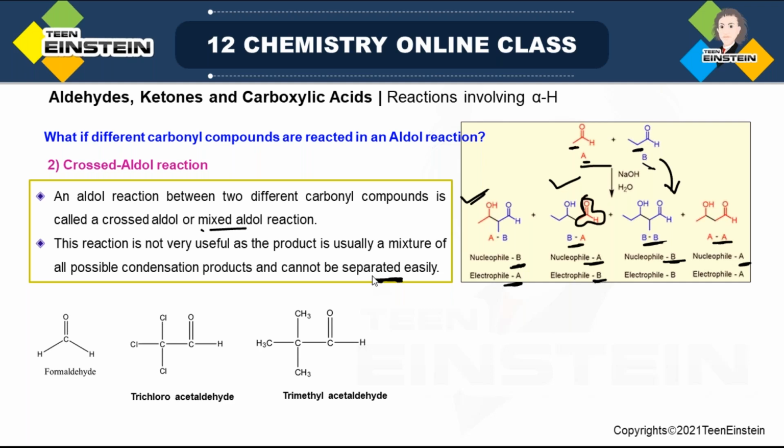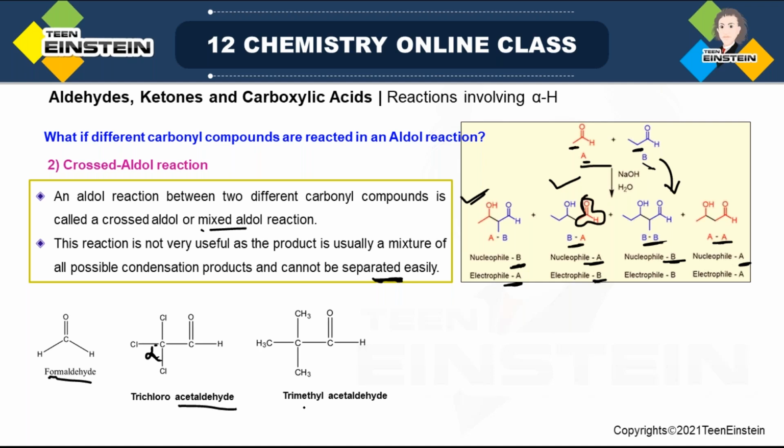So here you can see three examples. One example you have already seen in the previous slide, formaldehyde, no alpha hydrogen. Then we have trichloroacetaldehyde. So acetaldehyde is CH3CHO, but if you replace all the hydrogens of methyl by Cl, now it is trichloroacetaldehyde. So this is alpha carbon, but there is no alpha hydrogen. So this is good for cross-aldol.